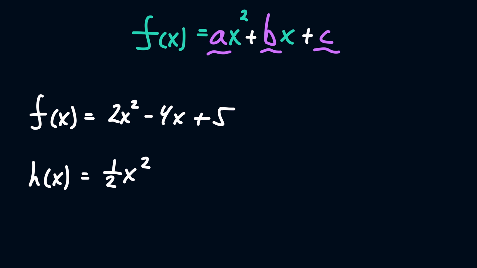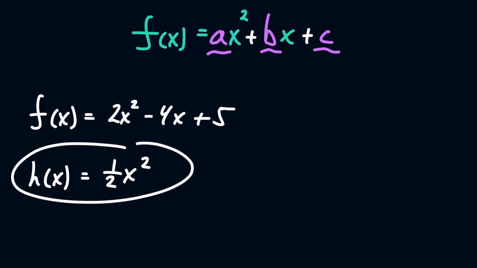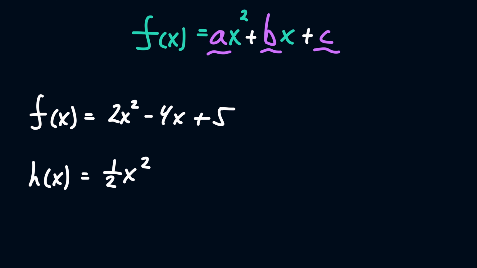You have to have at least x squared in your function, and you can't have anything greater than x squared. As long as you have that, that's the essential characteristic of a quadratic function. And it has to be a positive 2, can't be a negative 2. So that is indeed another example of a quadratic function.